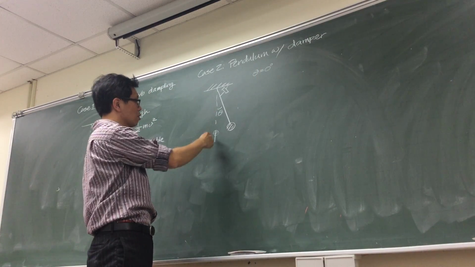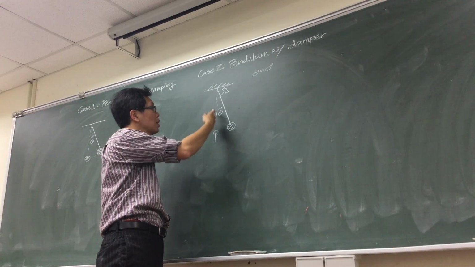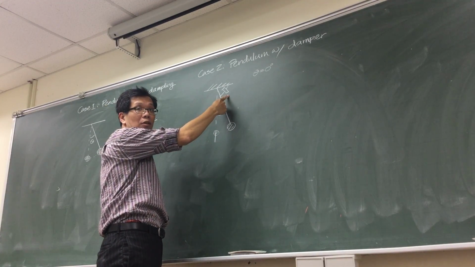So if you have things over here, then you put the impulse response to this one. What happened? Since I have a damper over here, what happened?